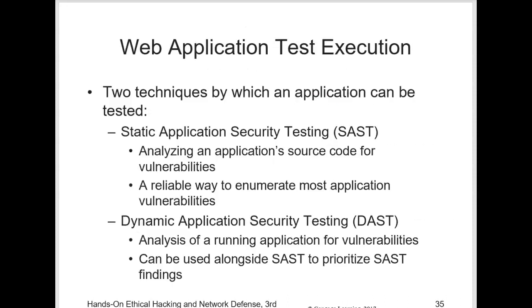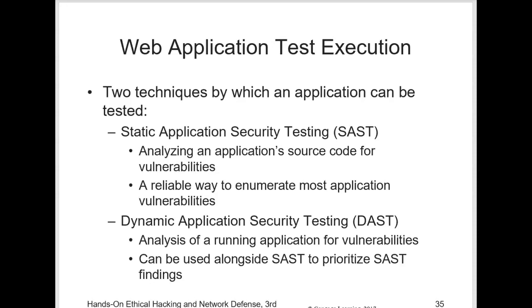Okay, so a web application test execution then. There are two techniques by which an application can be tested. I've mentioned static application testing, or SAST, is one approach, and dynamic application testing, DAST, is the other. We've touched on these earlier in Chapter 10. SAST is analyzing an application's source code for vulnerabilities.